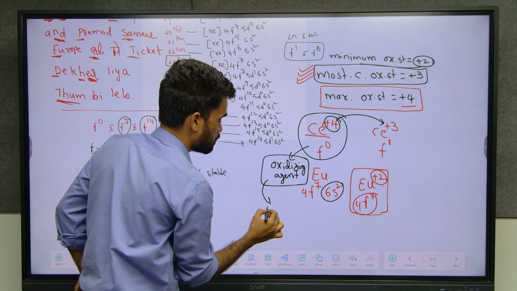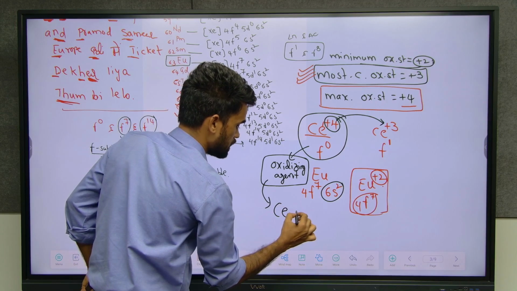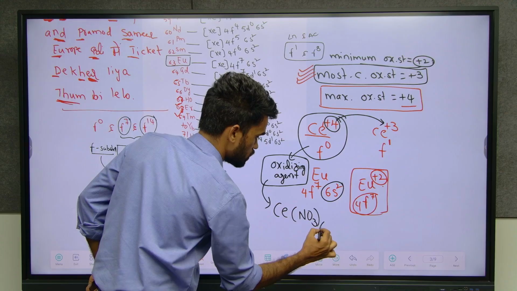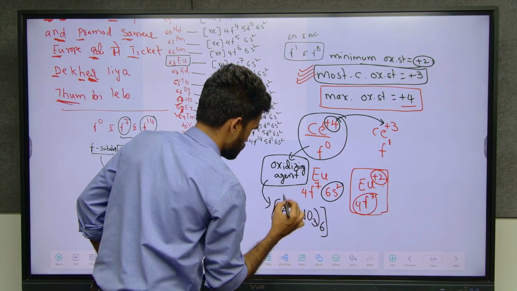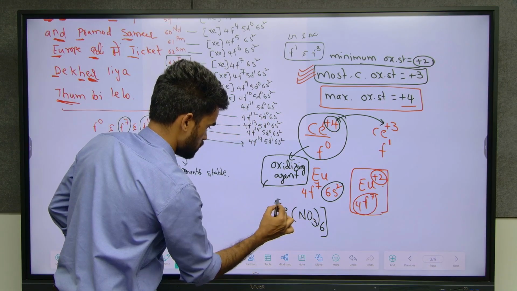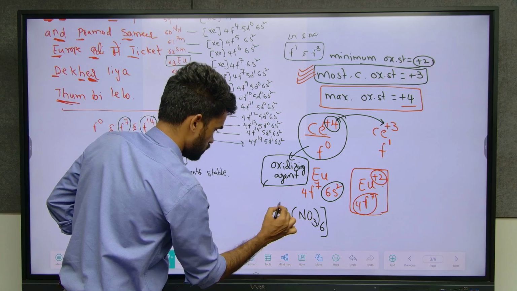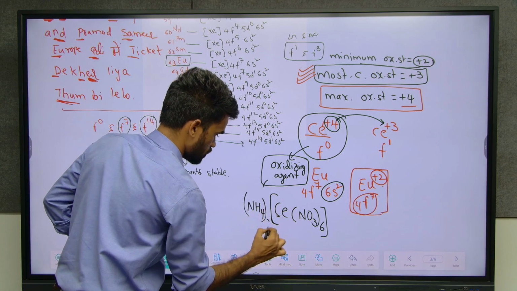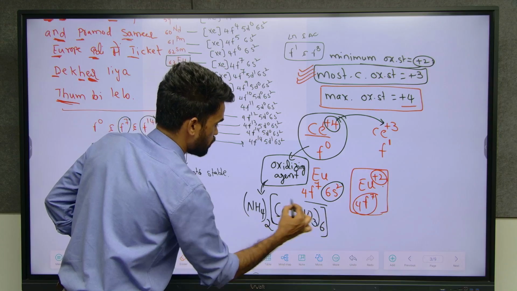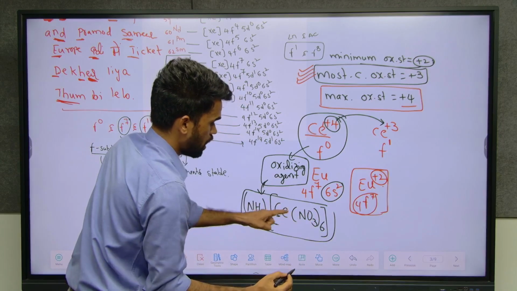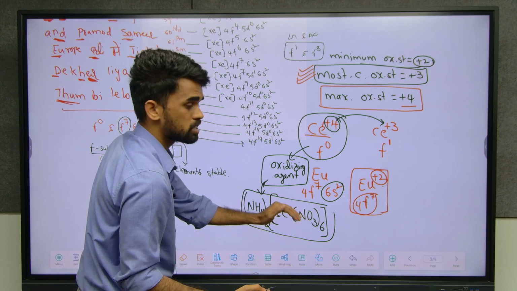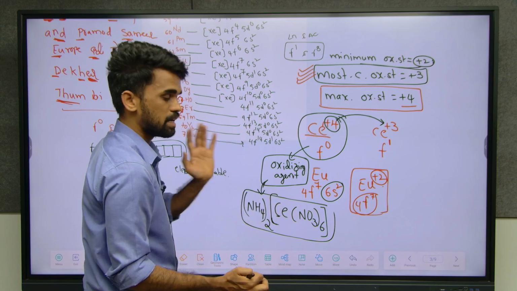The best example is ceric ammonium nitrate. What is this compound called? Ceric ammonium nitrate. What is the use of it? It is an oxidizing agent used in analytical chemistry.